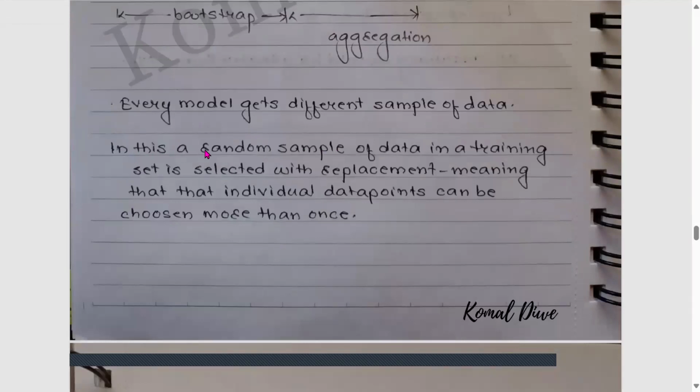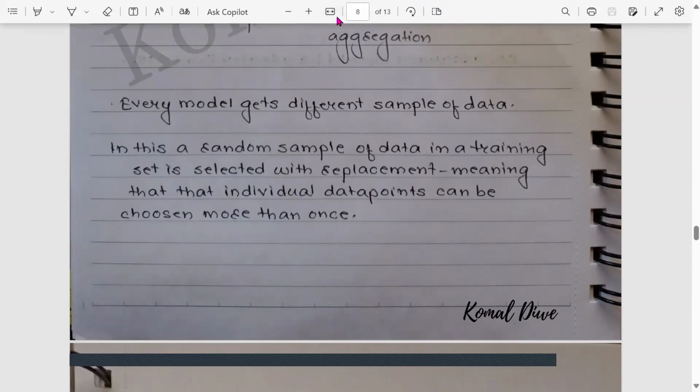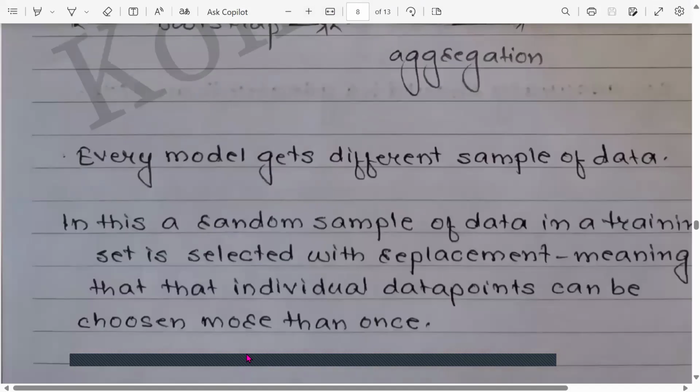In this, a random sample of data in a training set is selected with replacement, meaning that individual data points can be chosen more than once. Once again, read and understand the meaning of this.